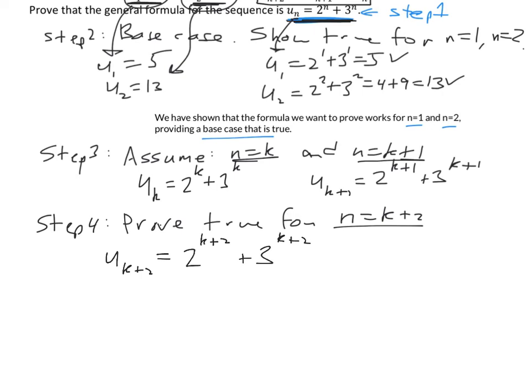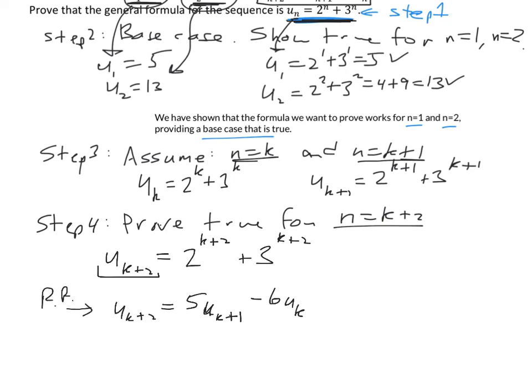Okay, so just like last time, I'm going to start with the left side, and I'm going to go back to the recurrence relation. Remember at the beginning of the problem, we were told that u sub k plus 2 should be equal to 5 u sub k plus 1 minus 6 u sub k. This was from our recurrence relation.